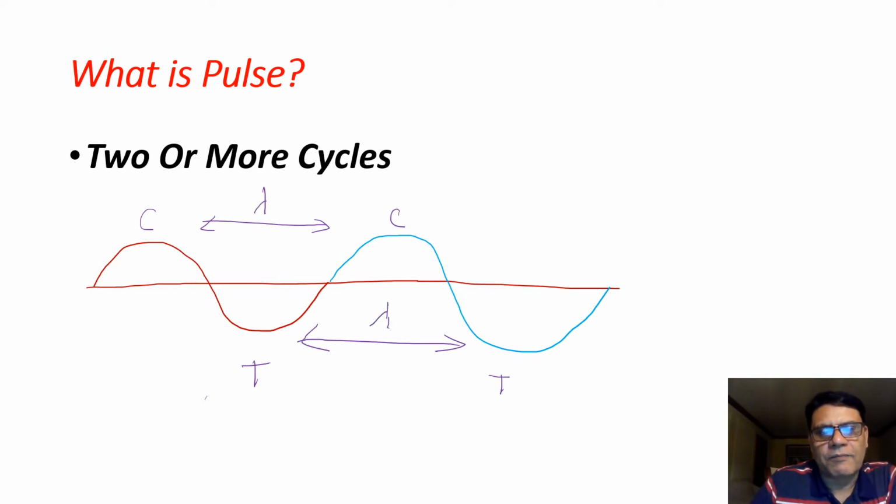This wavelength determines whether a pulse is short or long. And we will discuss in coming slides and coming lectures in detail how this wavelength affects the length of the pulse and the frequency of the pulse.